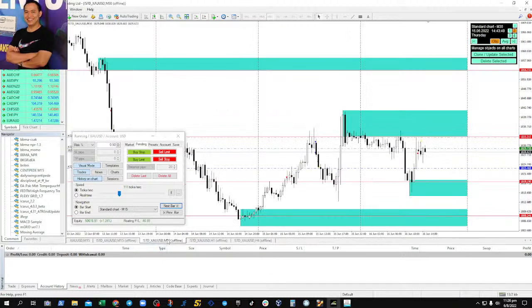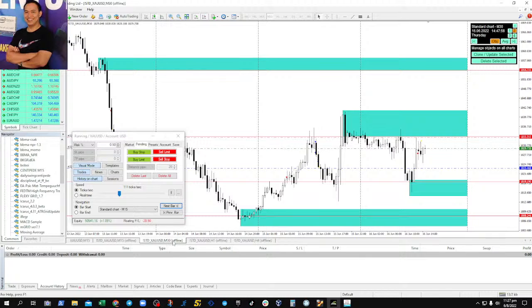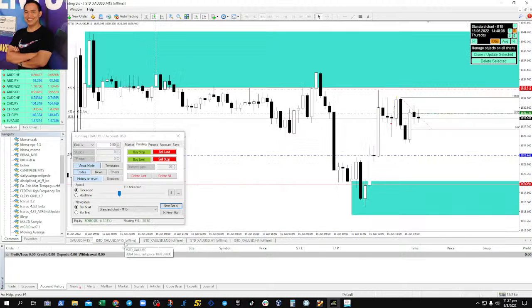How does it look on M30? Oh, fuck. H1. Wow, this is a very tricky trade. So this candle closed bearish. Let's see this one.